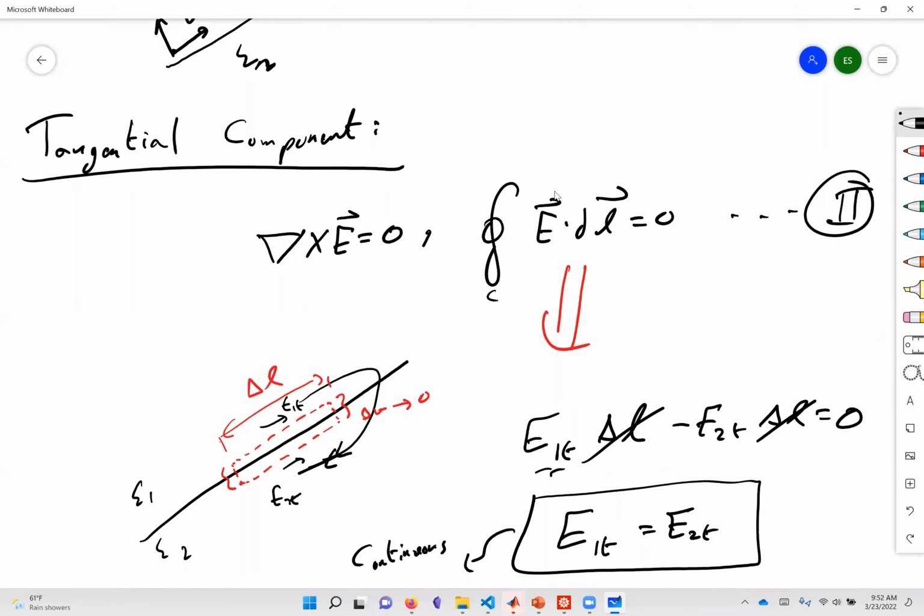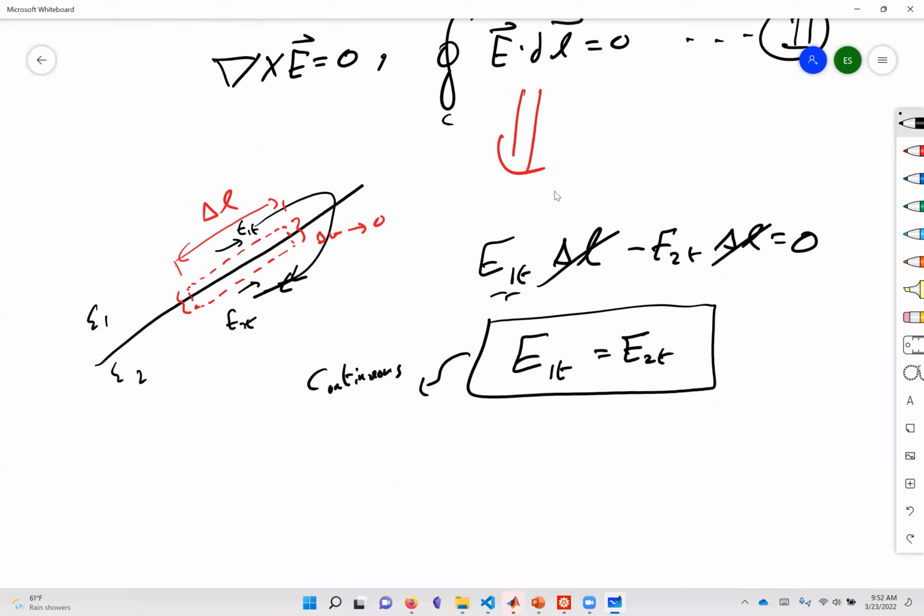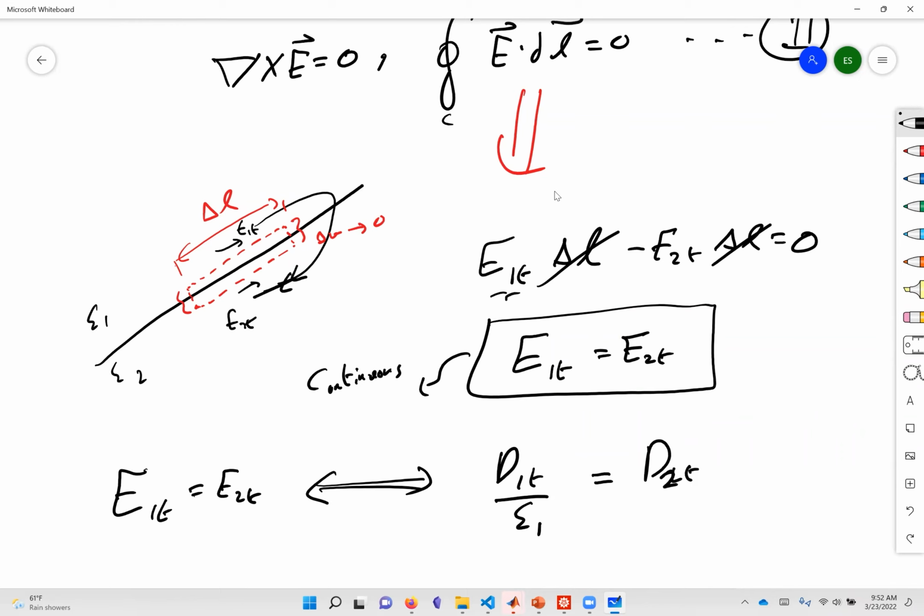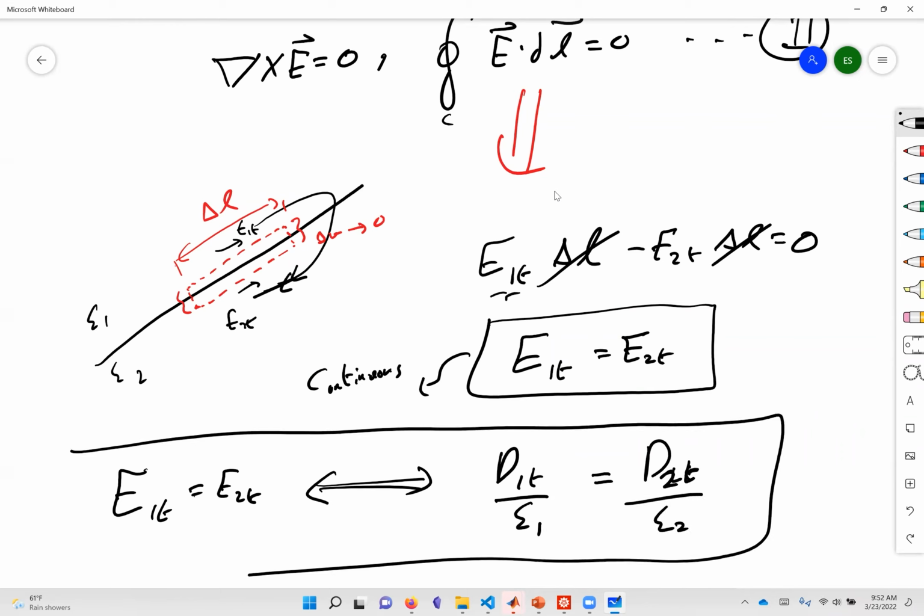However, the flux density is not continuous, right? Because the flux density relates to the field intensity with epsilon. So although E1T equals E2T, E1T is D1T over epsilon 1, and E2T is D2T over epsilon 2, right?